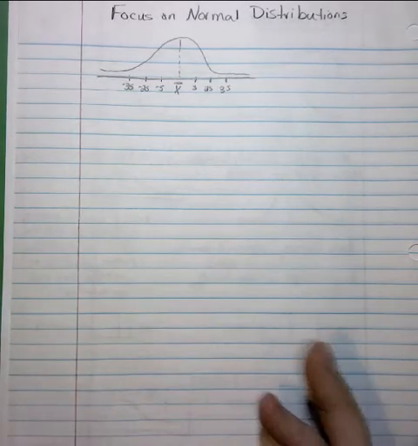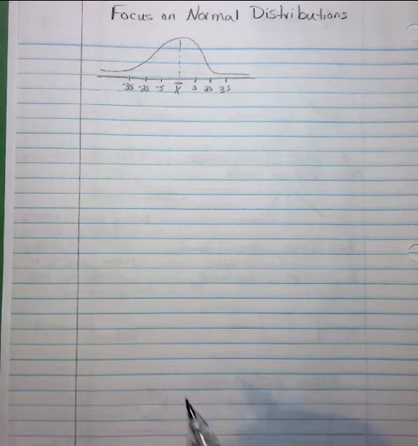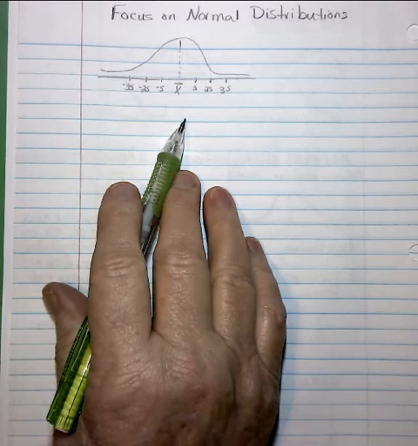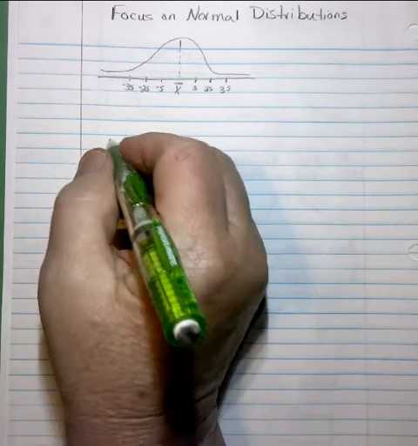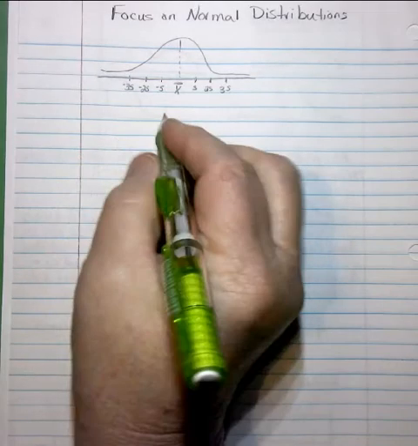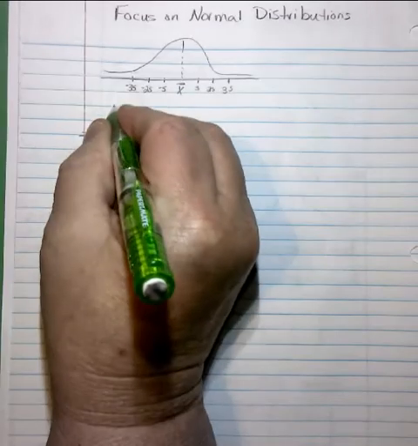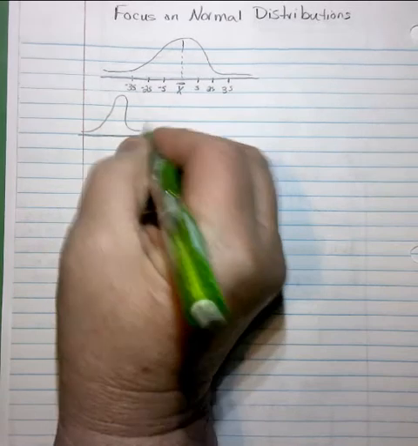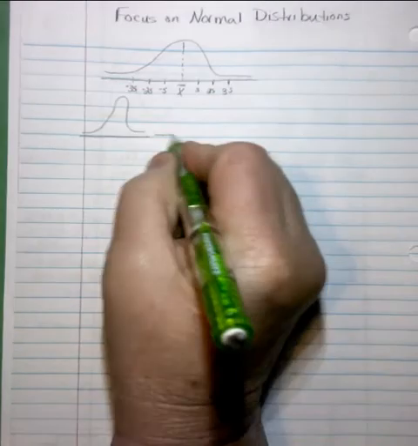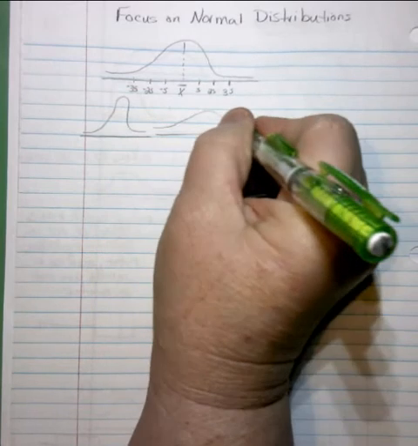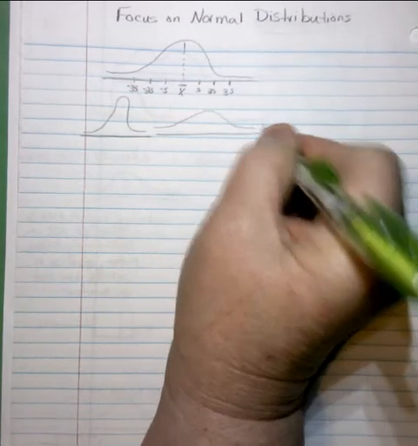Now our shapes can vary depending on the size of our standard deviations. If we had very small deviations, our graph might be tall and narrow. If our deviations are large, then that usually widens our graph out.